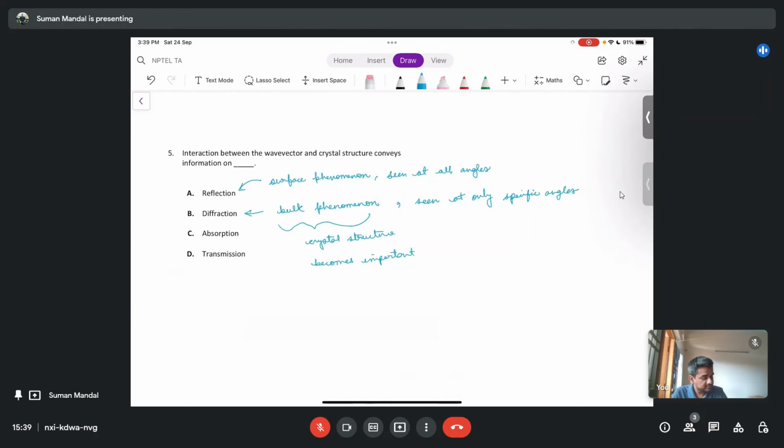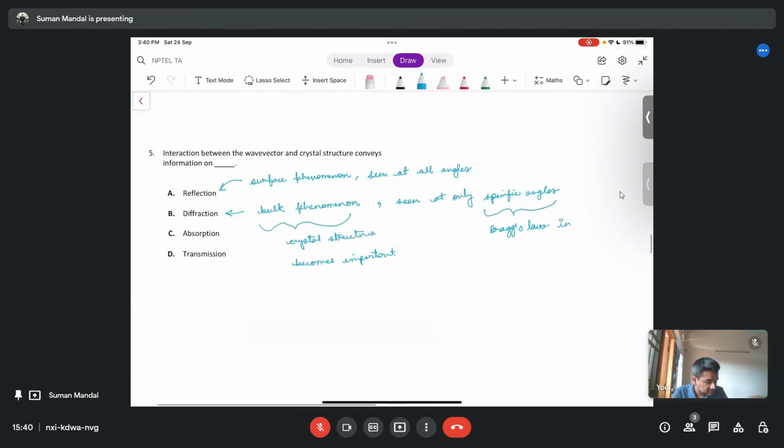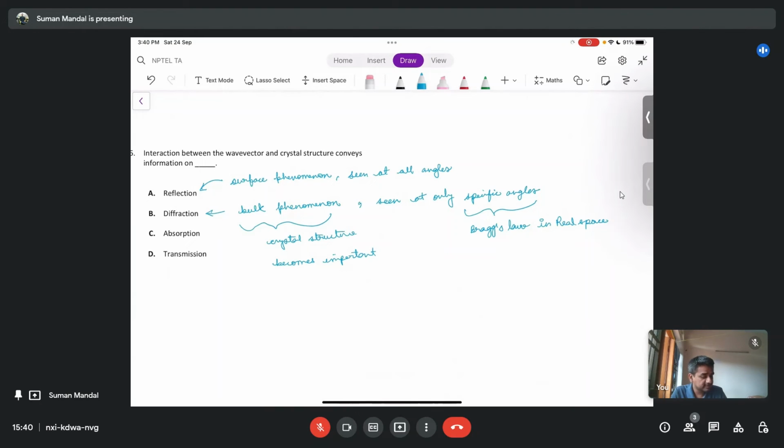What are those angles? You can find out those angles using Bragg's law in real space, or then you have the Laue condition in reciprocal space.